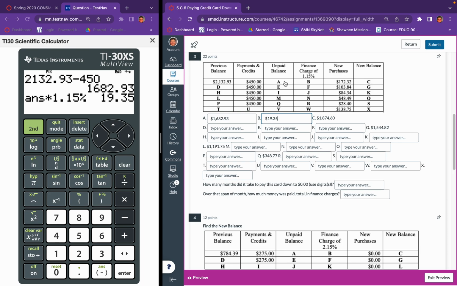So now we need to take A and B and this $172.32 and add them together. So we're going to take $1,682.93 and add it to this number, which was 19.35, and add that to this number, which was 172.32.